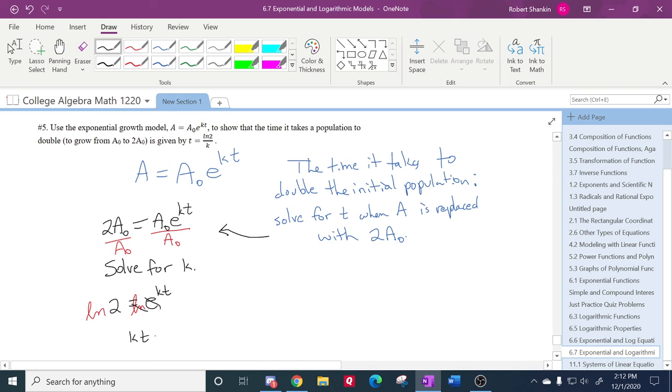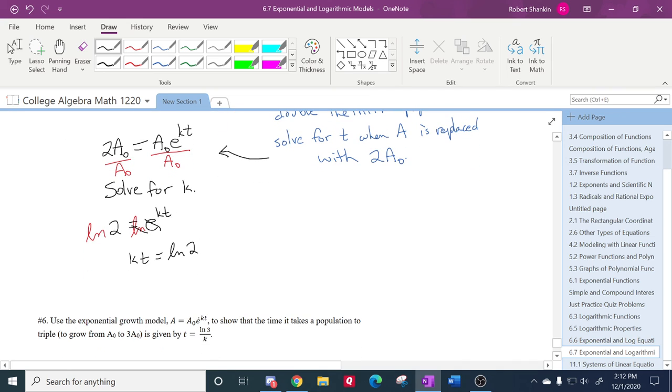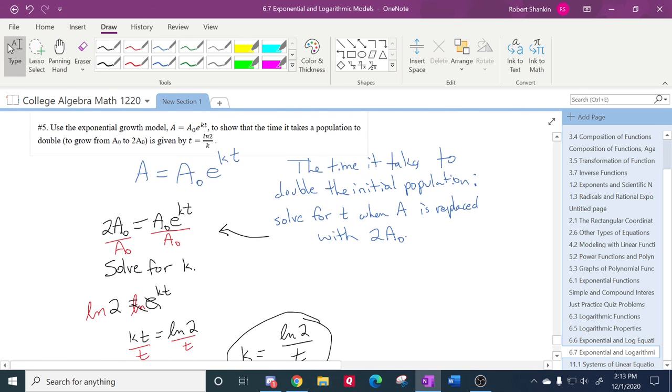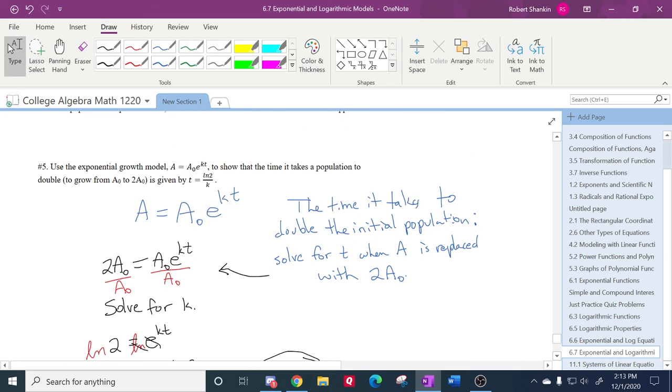I'll put the kt to the left and the ln2 to the right. And then I divide both sides by t, and I get k equals ln2 divided by t. And I did exactly what was asked. And I showed that that's always going to be the case.